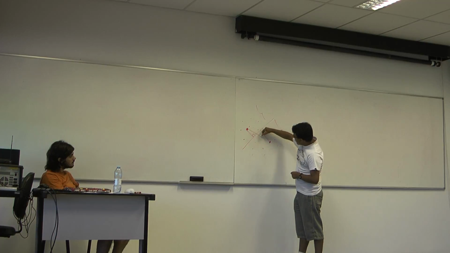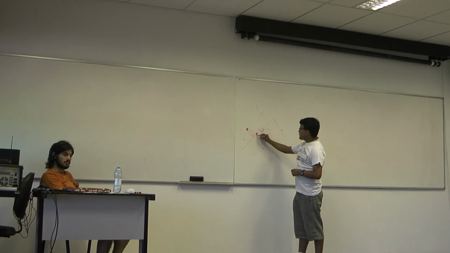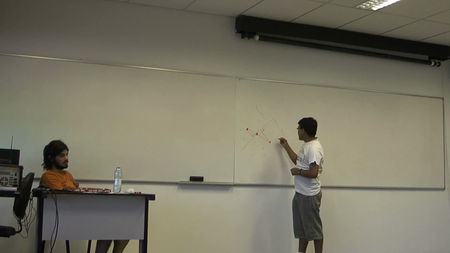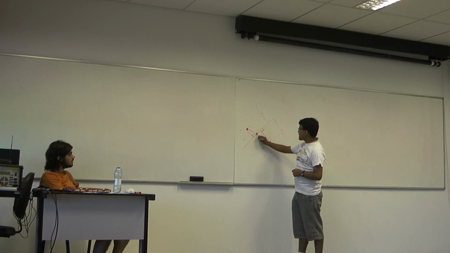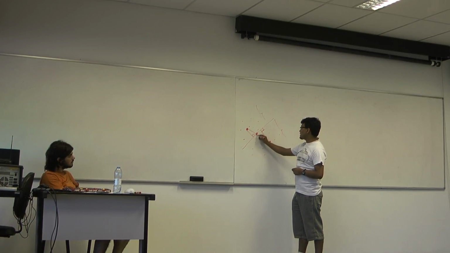So the midpoint of this segment has to be on the line, but this point is the center of mass of all points, because it's the center of mass of these two centers of mass. So the center of mass of all points necessarily is on the line.